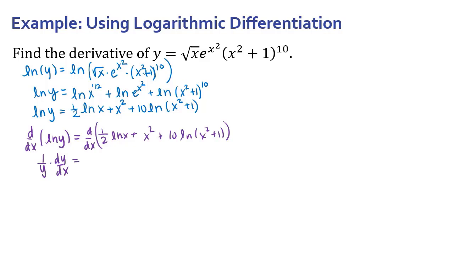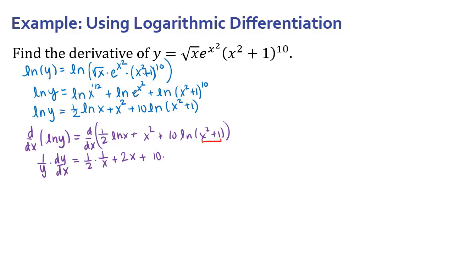Okay, and then that equals, so the derivative of 1/2 ln of x is going to be 1/2 times 1 over x. The derivative of x squared is 2x. And the derivative of 10 times the natural log of x squared plus 1 is going to be the same thing with this chain rule here. We've got our inside function and our outside function, so there's our inside.